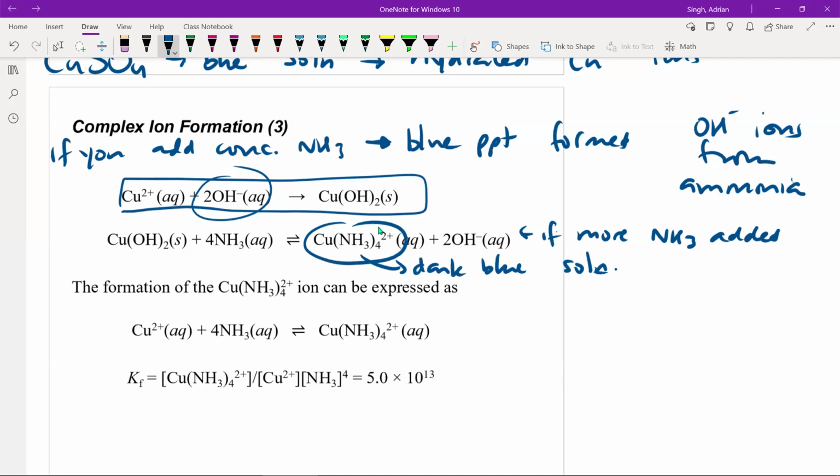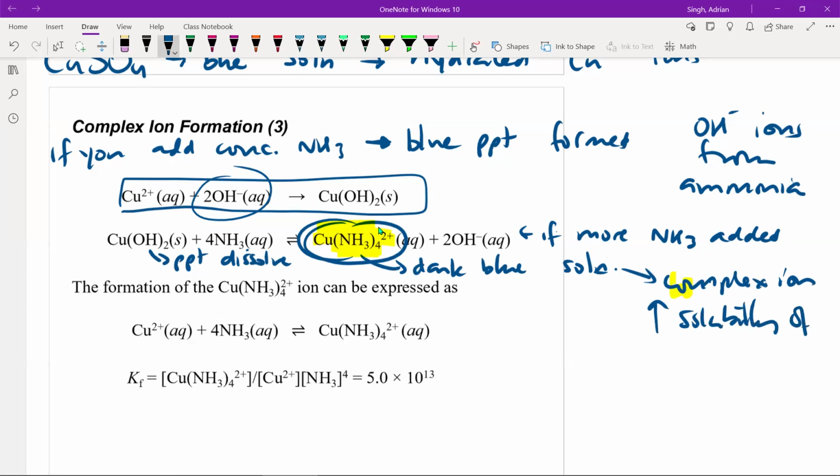And you notice the precipitate dissolves, the more ammonia we add to the solution. What actually happens here is the formation of the complex ion, which we'll highlight in yellow. The complex ion increases the solubility of the copper hydroxide, the copper(II) hydroxide.